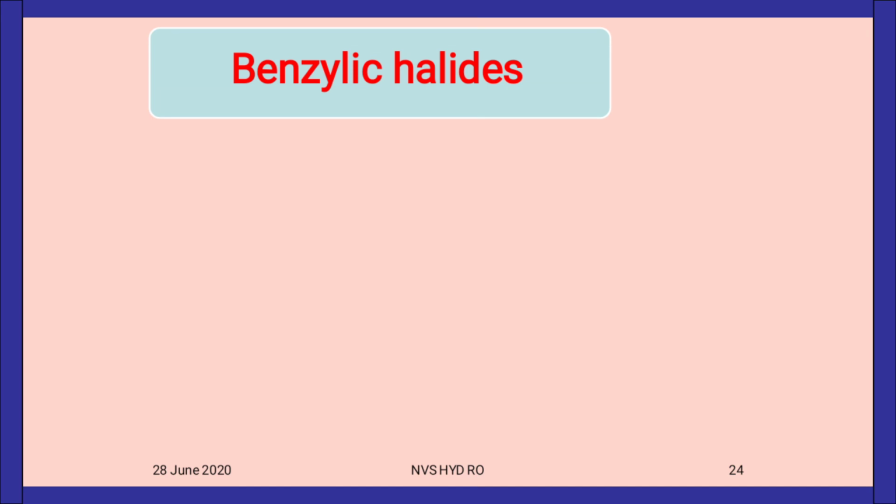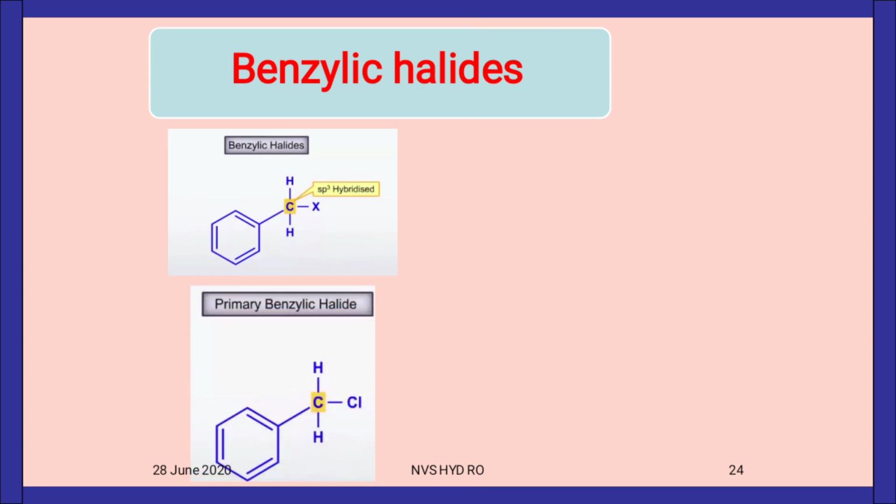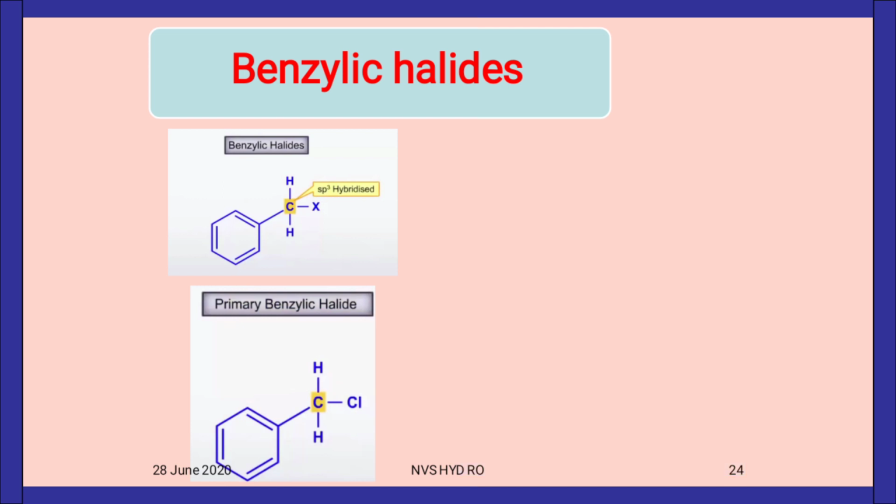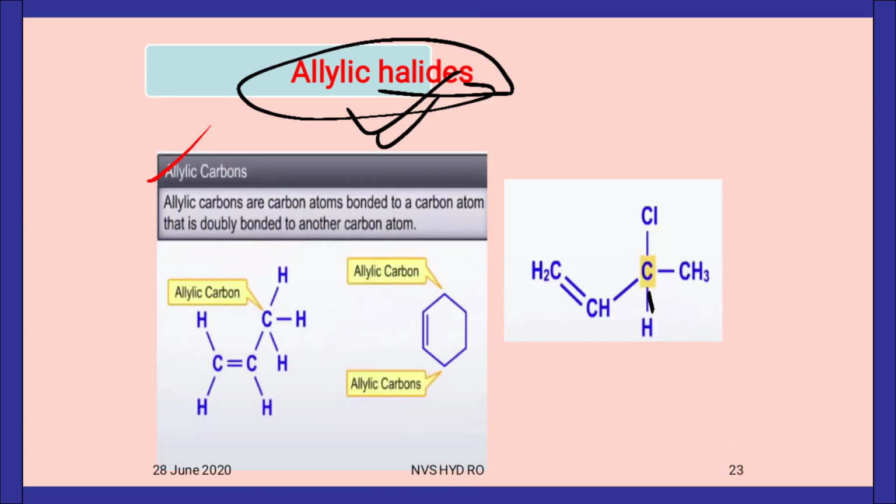अब देखो बेंजिलिक हैलाइड्स, ये जो देख रहे हो आप, sp3 हाइब्रिडाइज्ड कार्बन, ये सारे बेंजिलिक हैं. Got it children? So hope that you have got the idea कि बेंजिलिक क्या होते हैं. एक बार मैं फिर से रिपीटिशन करना चाहता हूँ आपके लिए कि एलिलिक में हमने क्या पढ़ा.